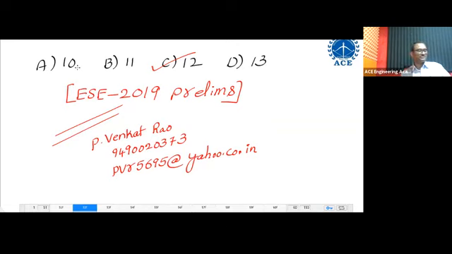Practice. Civil engineering students' weightage is high. Mechanical and other branch students, less weightage. Civil engineering students get one or two marks extra as compared to other branches. They will upload the notes, four days of notes.